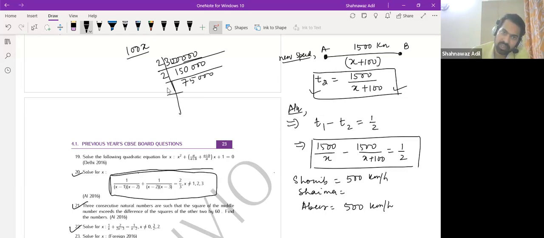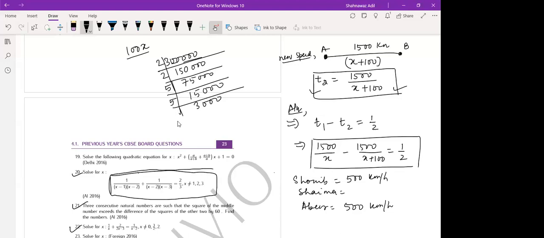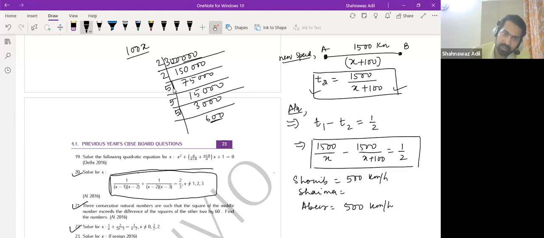So we have to reach 1 5 and triple 0, and then 5 and then 3,000, so 5 and then 600. I guess 600. Oh, so we got the answer, right?